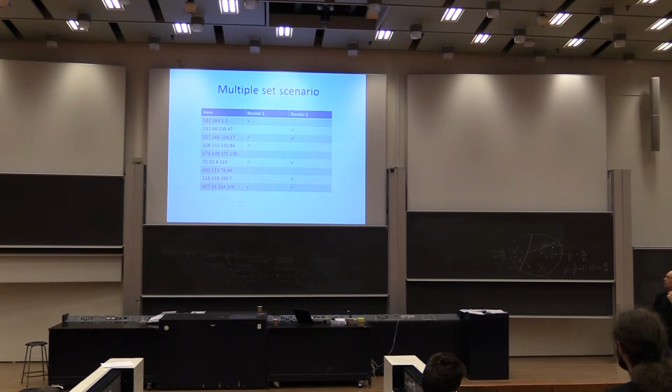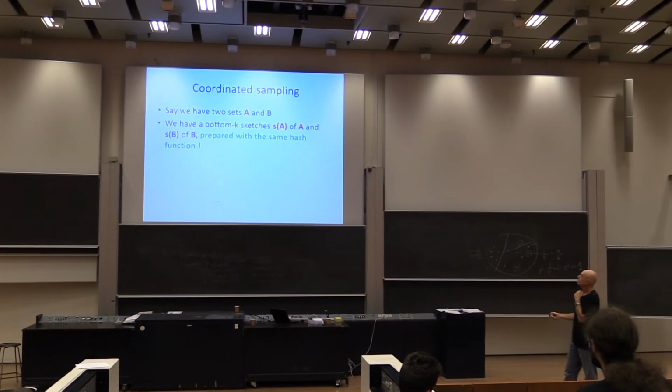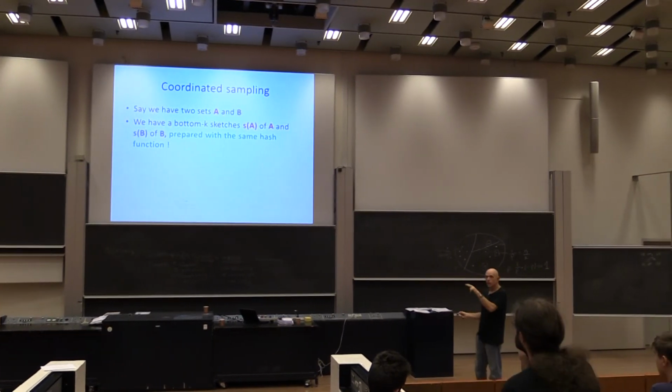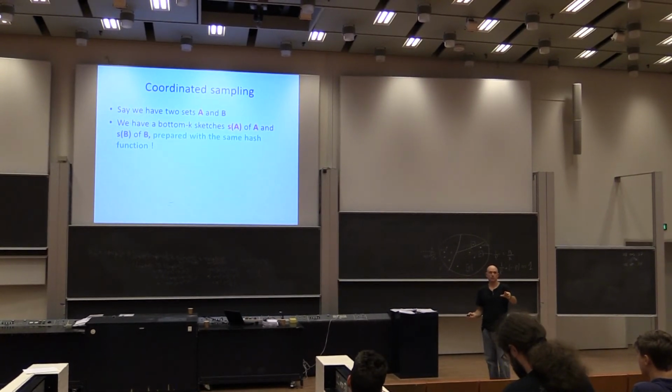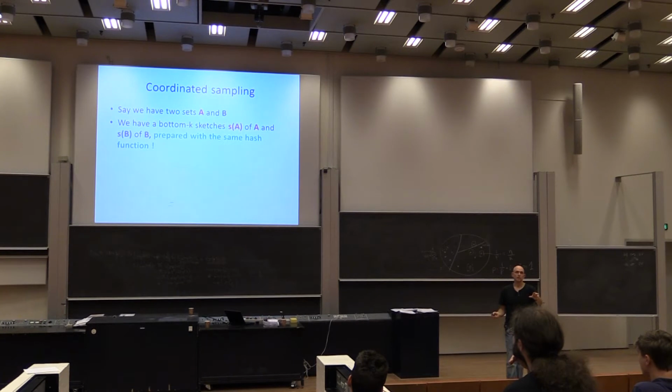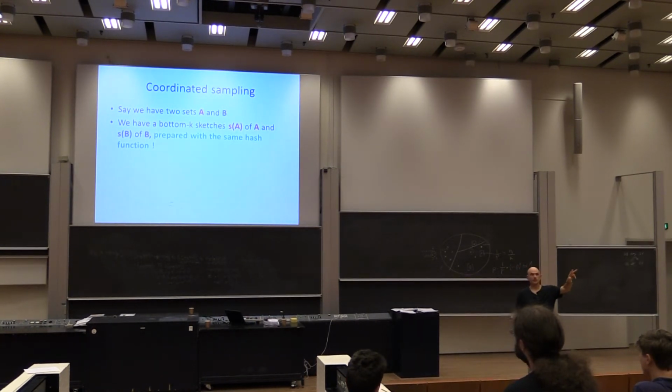Okay? So I'm going to assume that you have multiple subsets now. Each subset is going to be sampled by the bottom-k technique, the K smallest, in a different location, but the sampling mechanisms are going to agree on the same hash function. What does that do?